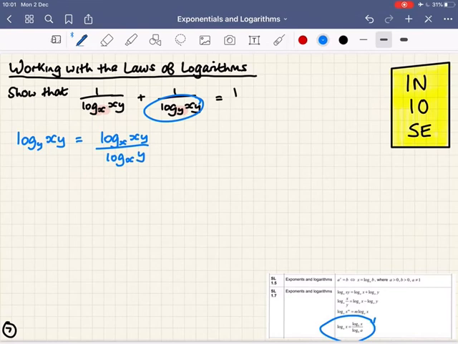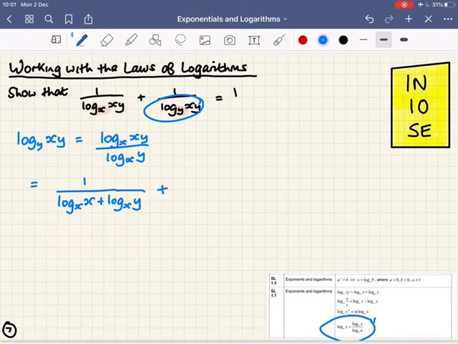Now I've got that, I can rewrite this expression. I've got 1 over, and I'm going to split the expression out. Log to base x of xy can also be written as log to base x of x plus log to base x of y. And on the other side, I've got 1 over log to base x of xy over log to base x of y.